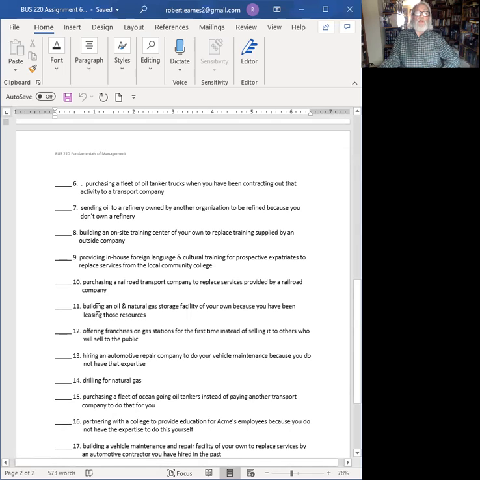And then you decide to build one. What is that, backwards or forward integration, or is it routine? Well, it's not routine if you build one. And it says here you've been leasing those resources. Therefore, you're going backwards. That's backwards vertical integration.